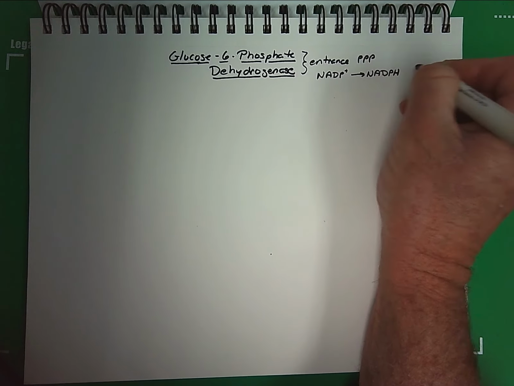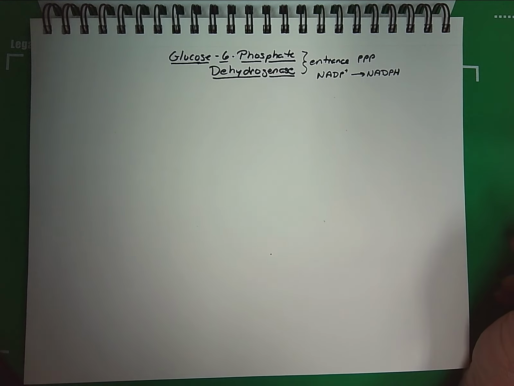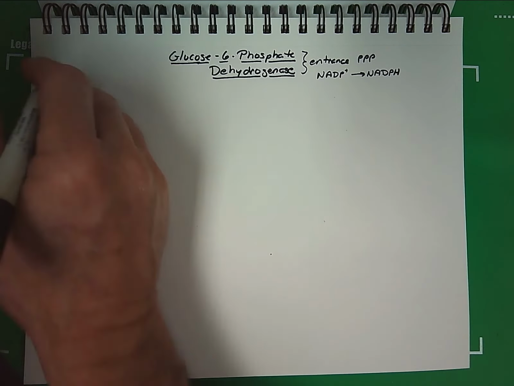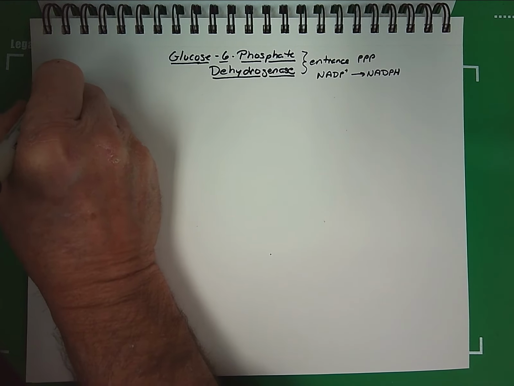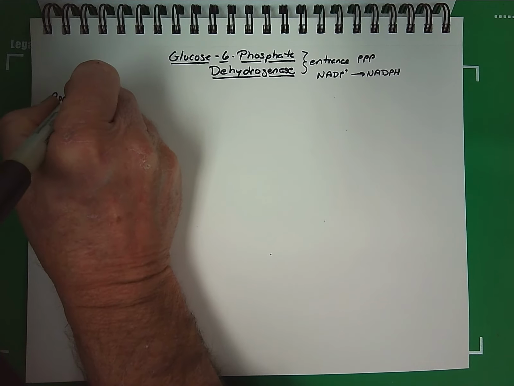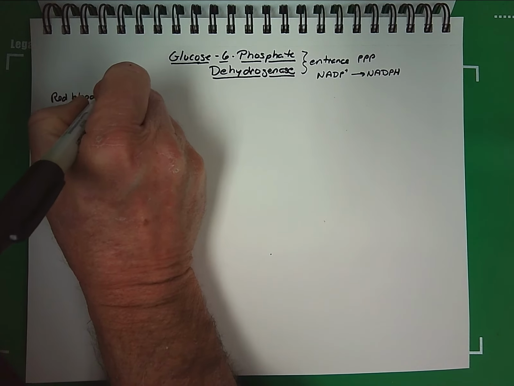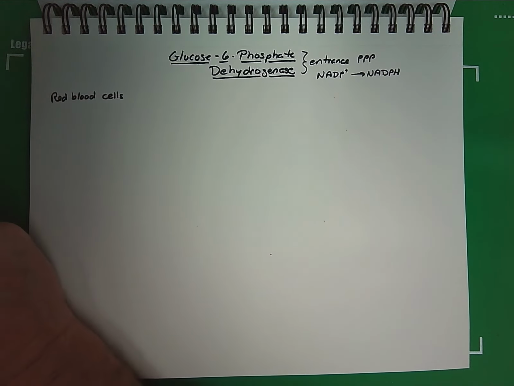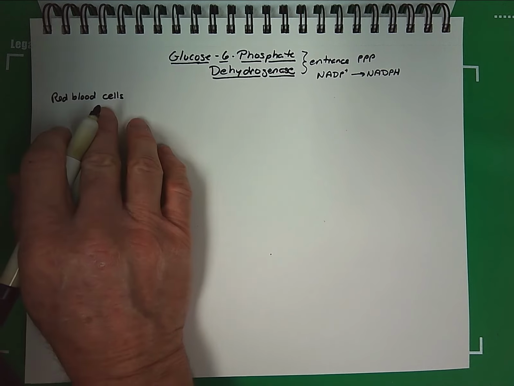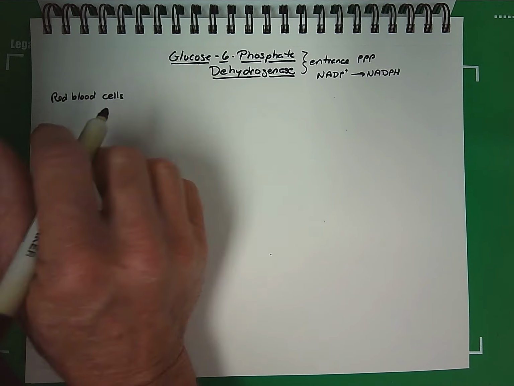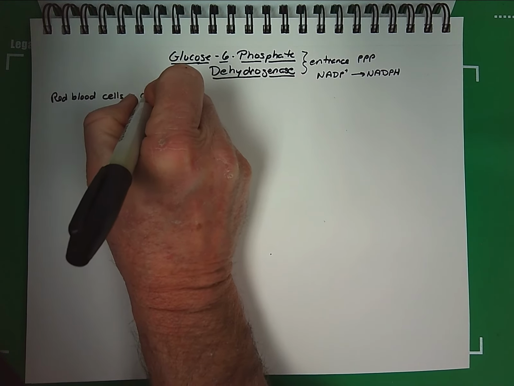Now, there's one specific example of the importance of NADPH that comes up in much of the medical literature, and that has to do with detoxification in red blood cells and detoxification in lots of other cells. Red blood cells specifically are very susceptible to oxidative damage.